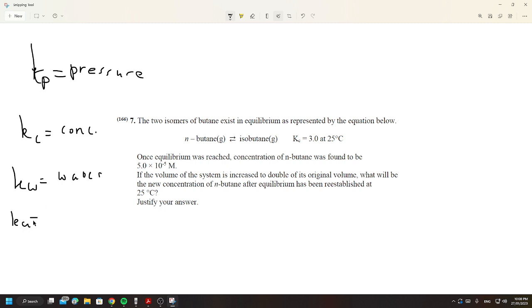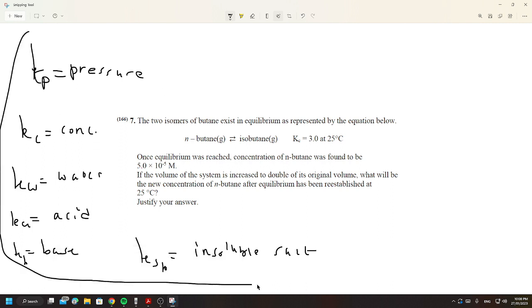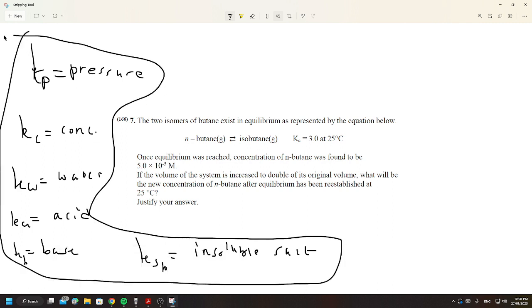Ka refers to acid. Kb refers to base. And Ksp refers to an insoluble salt. Sorry if my handwriting's bad, I'm writing using a mouse. If you see me using these throughout the solutions, just know that these letters stand for their respective meaning.